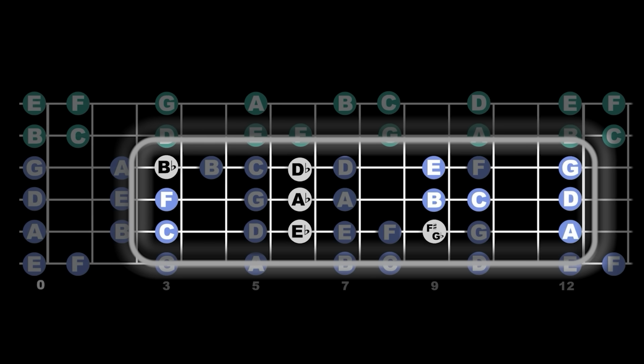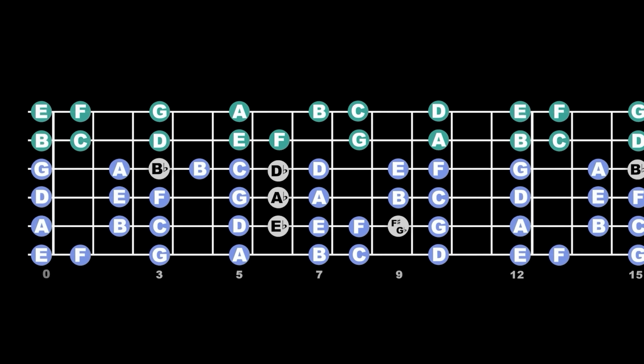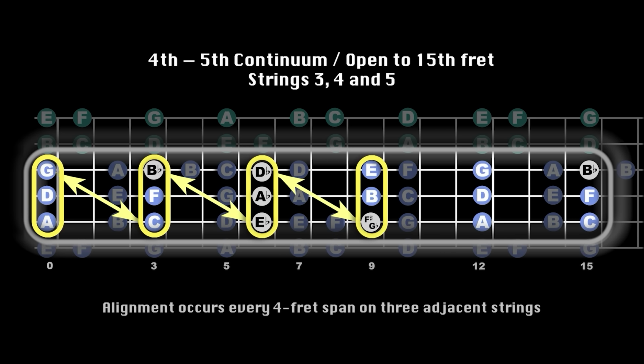The simplest overall path to playing the widest range of fourths and fifths covers three strings all the way up and down the neck.